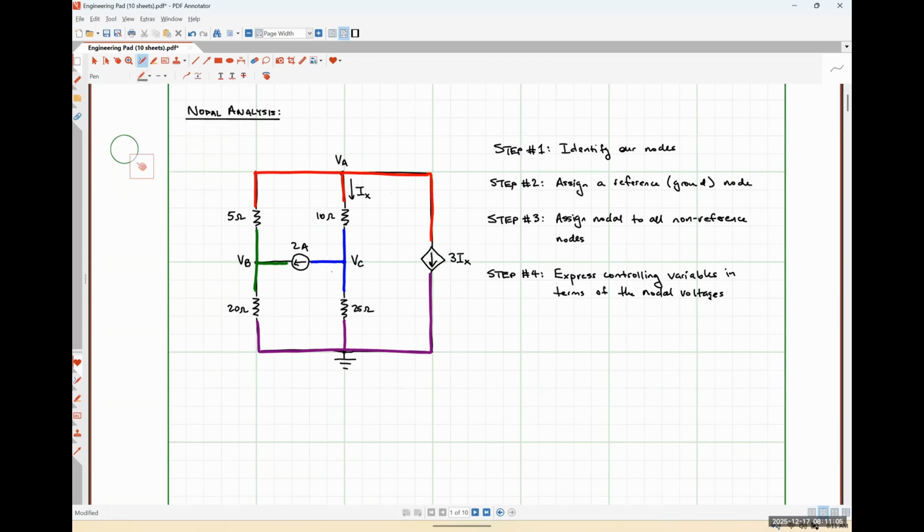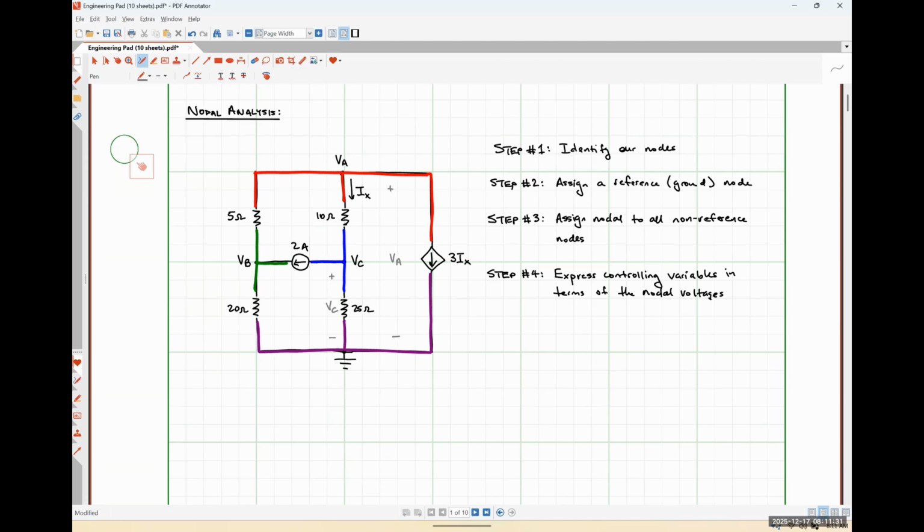So we know that this voltage is VC because it's measured, the positive polarity terminal is at node C, the negative polarity terminal is at ground. This voltage right here is VA, like so, because it's between node A and ground.